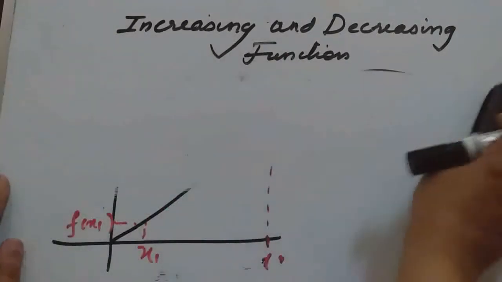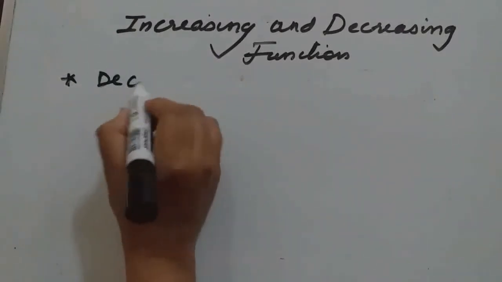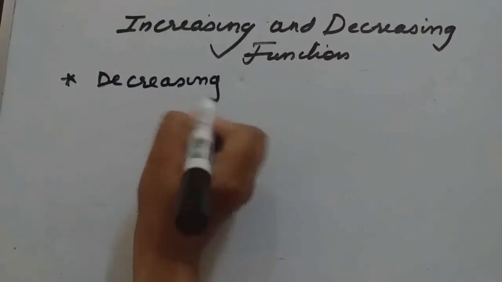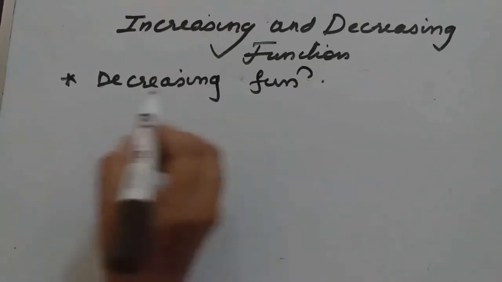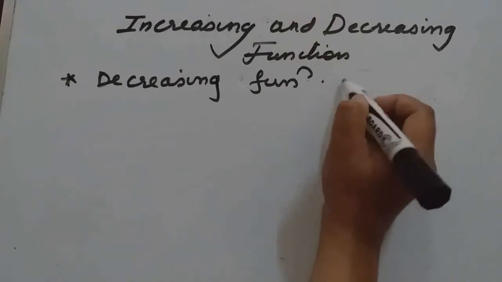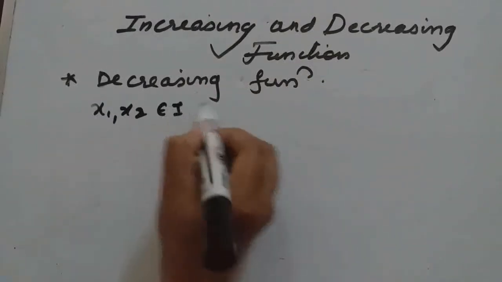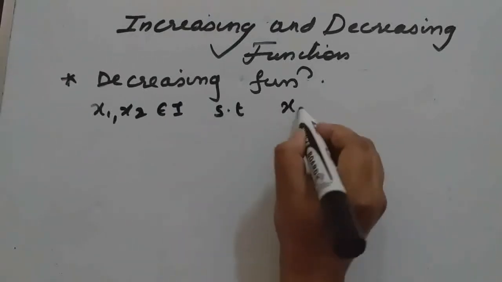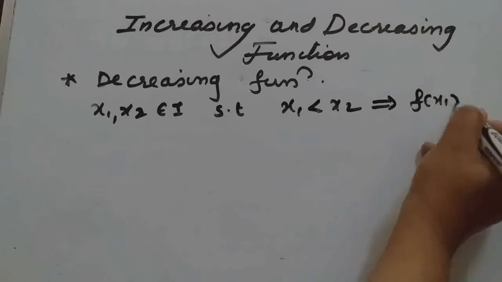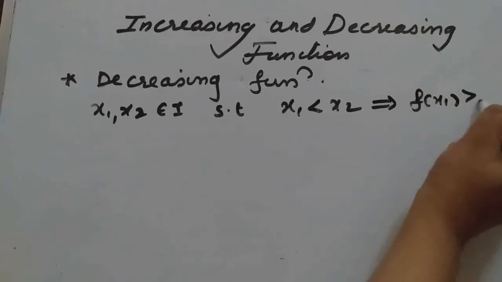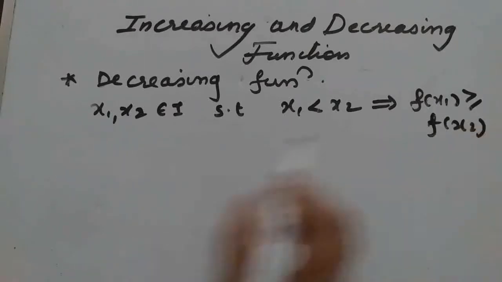Then we will see the decreasing function. Decreasing function, okay? So for the decreasing function, let again I be the interval, x1 and x2 two values belonging to I such that x1 is less than x2, but this time f of x1 is not less than or equal to f of x2. f of x1 is greater than or equal to f of x2.